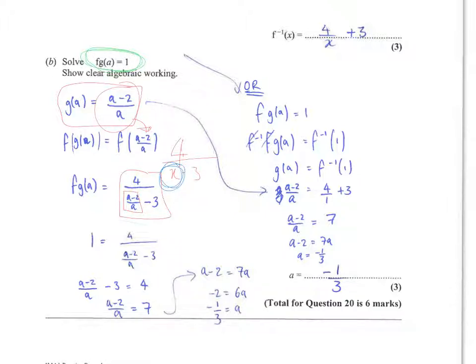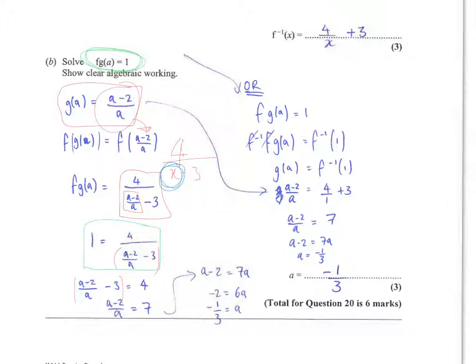So I'm solving 1 equals what we calculated fg of a to be. First process is to multiply by the whole of the denominator. Multiplying the right hand side by the denominator, we obviously cancel that value, leaving me with just 4. 1 times that denominator, well, 1 times anything just leaves you with that value. So I'm left with a minus 2 over a minus 3, just the denominator parts.